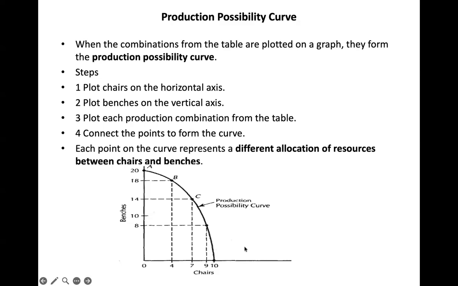But as chair production increases further, we must sacrifice more and more what? Benches. So the pattern is what we called the law of increasing relative cost.